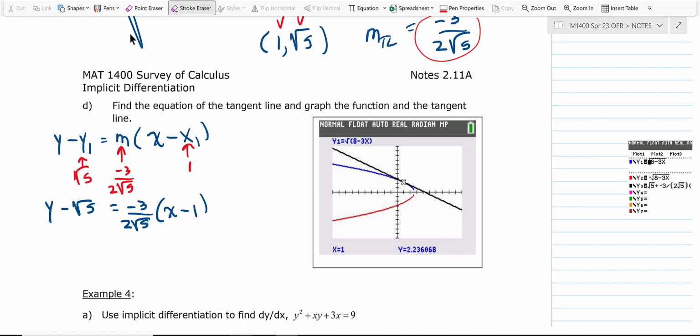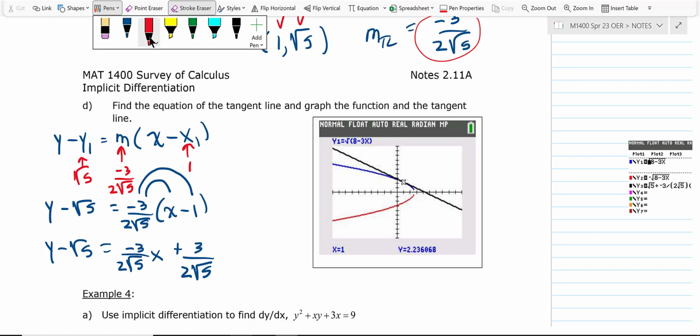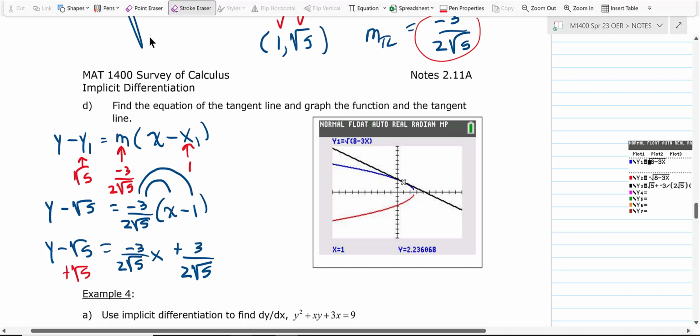Just leave it alone. Okay, so I'm going to use the distributive property here. That part would be -3 over 2 root 5 times x. Then this one you have a negative times a negative, and you're just multiplying by 1, so that'll be +3 over 2 root 5. Now the only other thing you have to do is add square root of 5 to both sides, which you can do in your head.